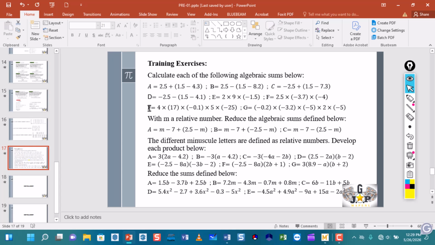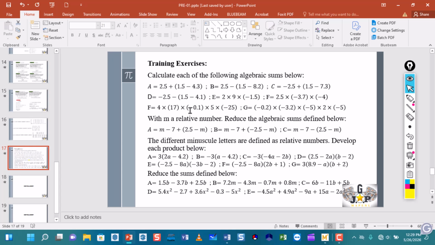So for the number F, the common sign here is multiplication. We have multiplication everywhere, and the parentheses too. The parentheses are put there because the number is attached to or accompanied by a sign.